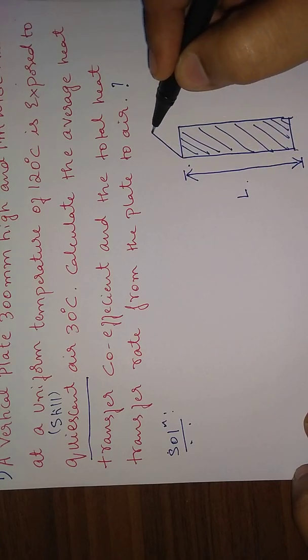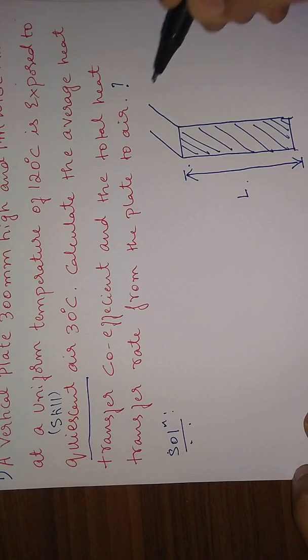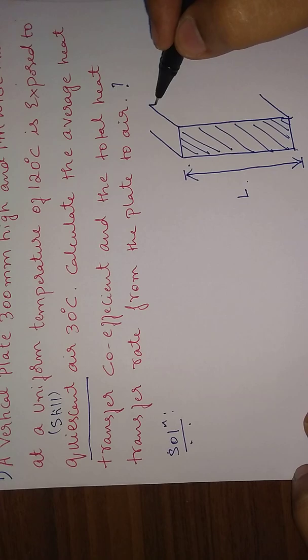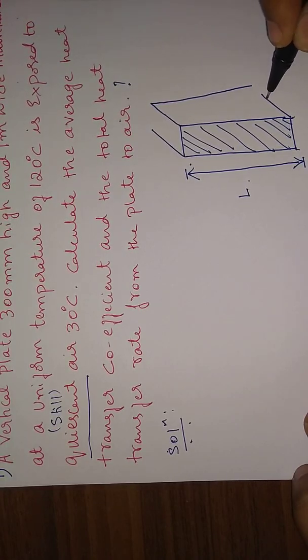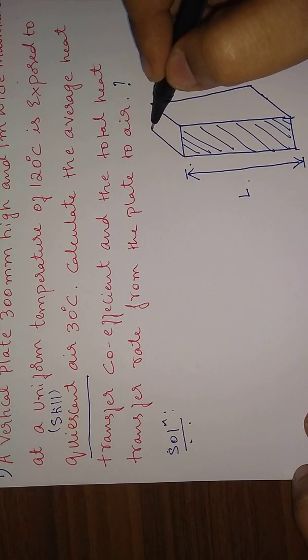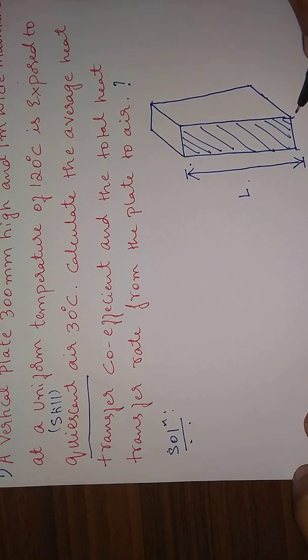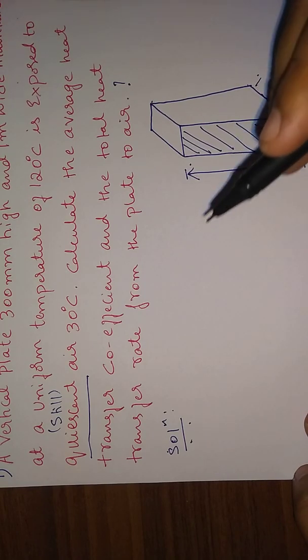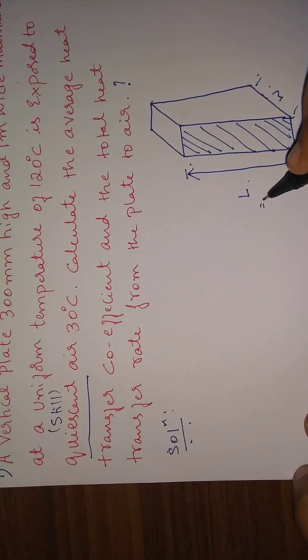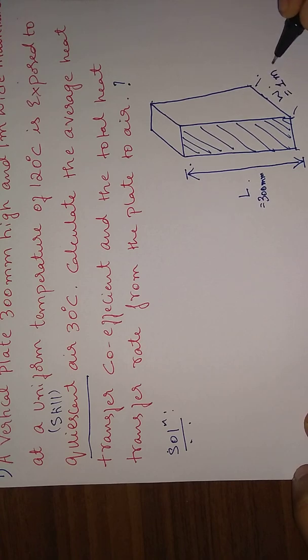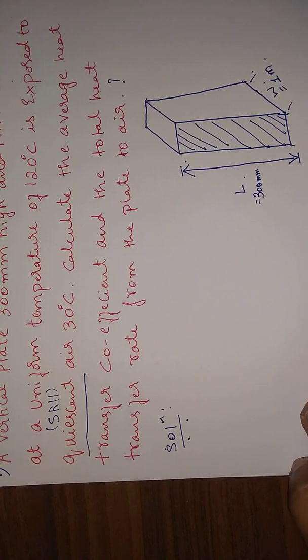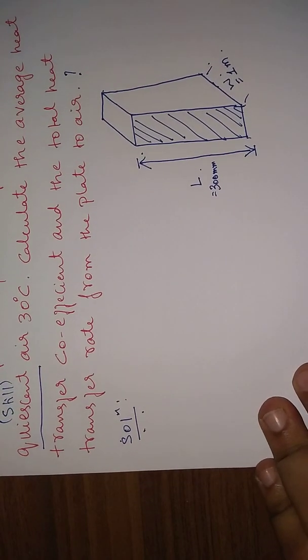If you want, you can write this particular structure something like this. This is the width. You can see the length or height is equal to 300 mm, and this width is equal to 1 meter. I hope you can see it here.